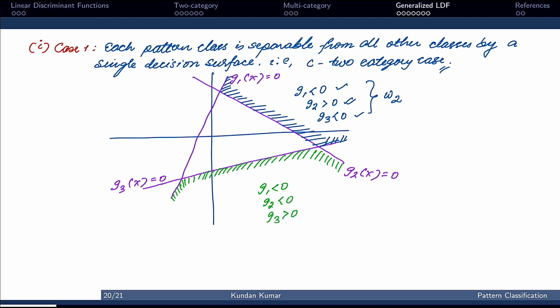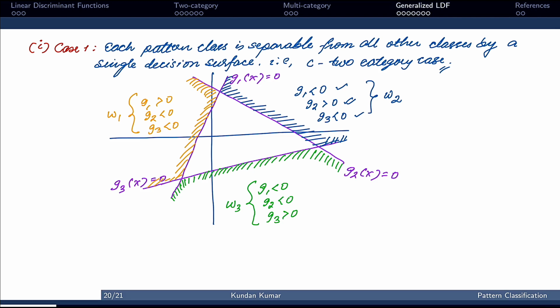That means this region represents class 3. And for this region, g1 is greater than 0, g2 is less than 0, and g3 is less than 0. That means this region is assigned to class 1.